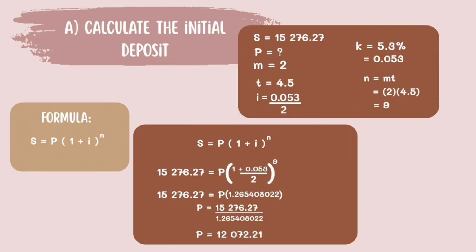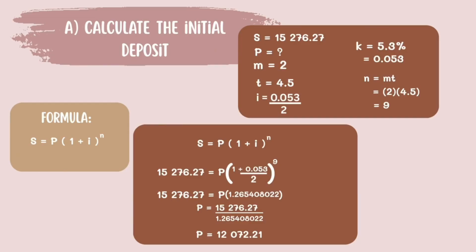So we insert all the information given to the formula, which is S equals P times (1 + 0.053/2) to the power of 9.